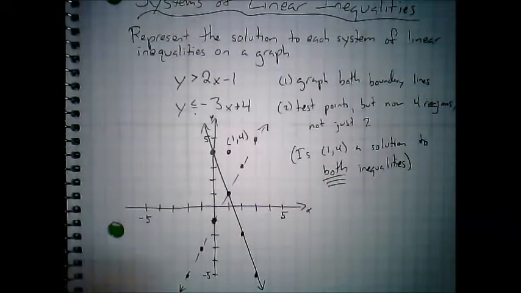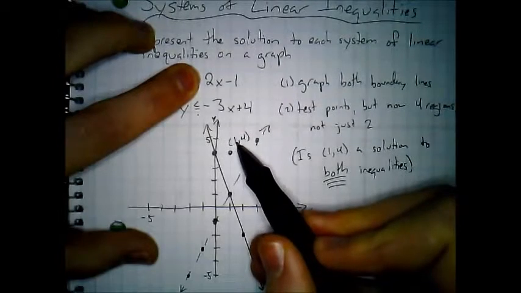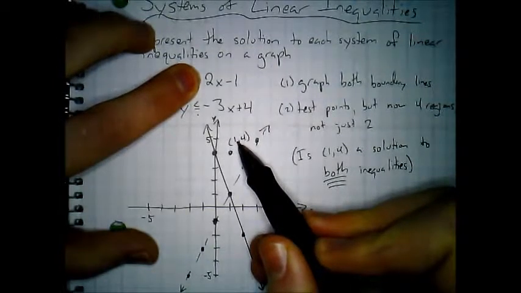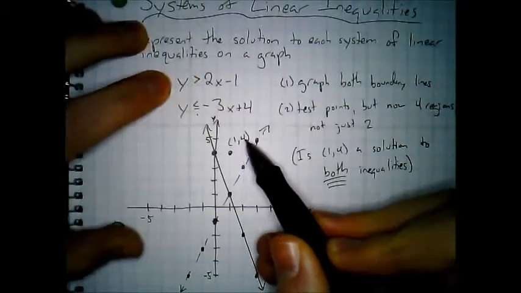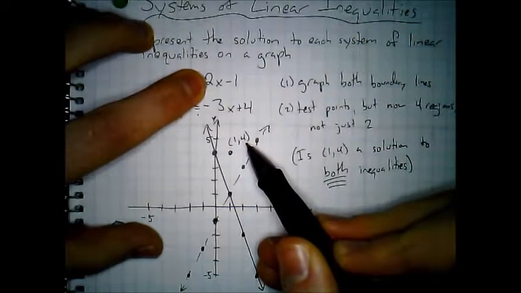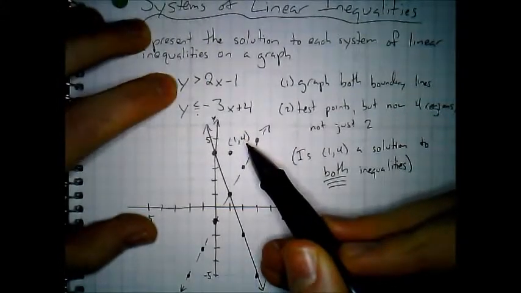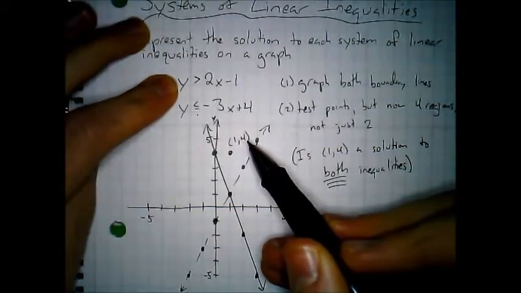Okay, so let's check. Our x is 1, so 2 times 1 is 2, minus 1 is 1. Our y is 4, so is 4 greater than 1? Yes. Okay, so far so good. (1, 4) is a solution to the first inequality.